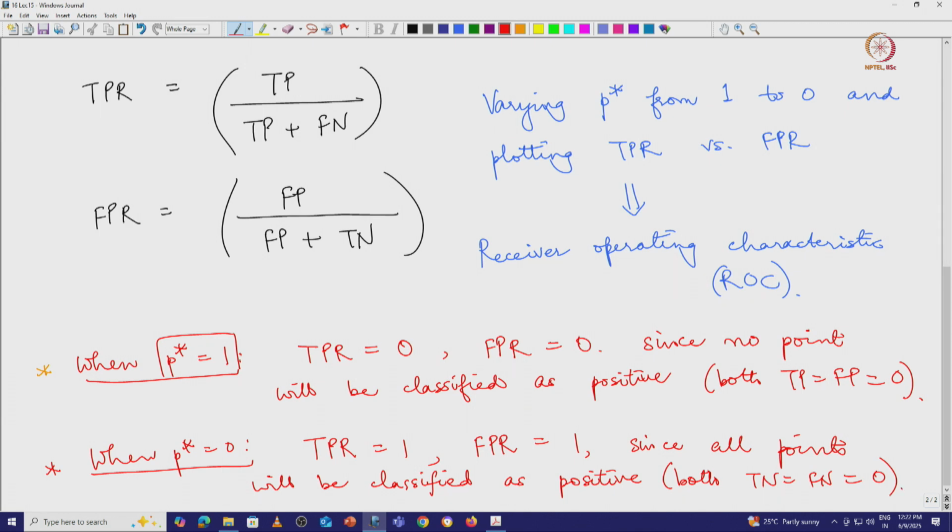So now we have the boundary cases. When p star is 1, TPR equals 0 and FPR equals 0, and in the other case, when p star equals 0, both TPR and FPR are equal to 1. So let us go ahead and plot this now.